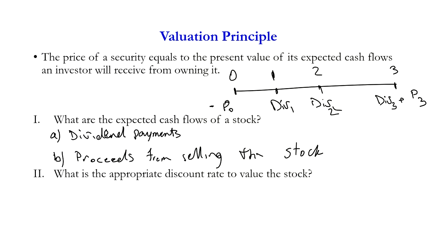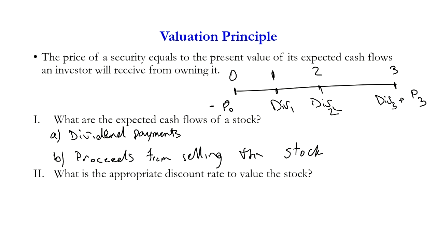They are risky cash flows. But if you own a 3-month treasury bill, you are virtually certain, almost 100% certain, about the cash flow that you are going to receive. But in the case of stocks, that's not true. The expected cash flows are risky.